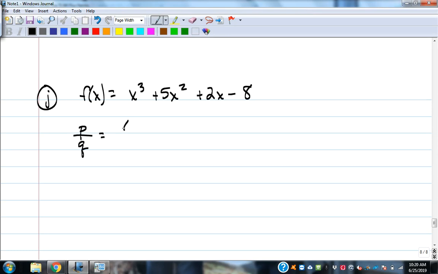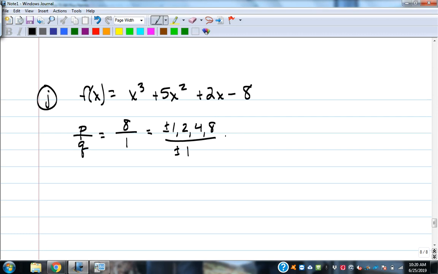So 8 and 1. Don't really worry about the negative sign on there. Just think about the number as the factors. What are the factors of 8? 1, 2, 4, and 8. And then the factors of 1 is just 1, right?